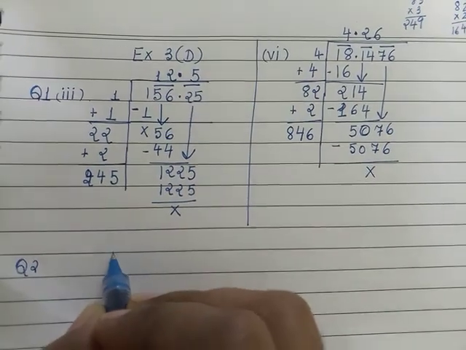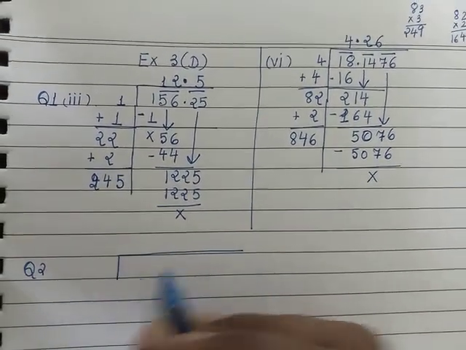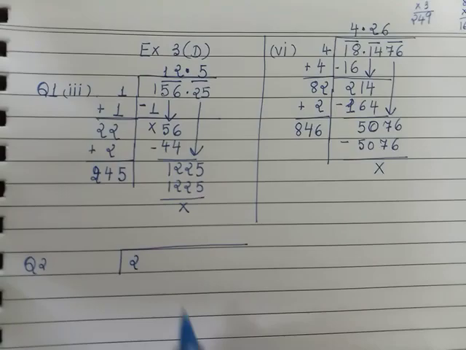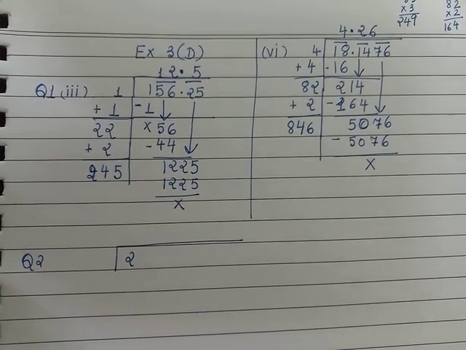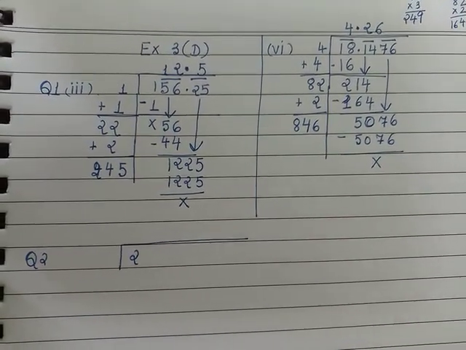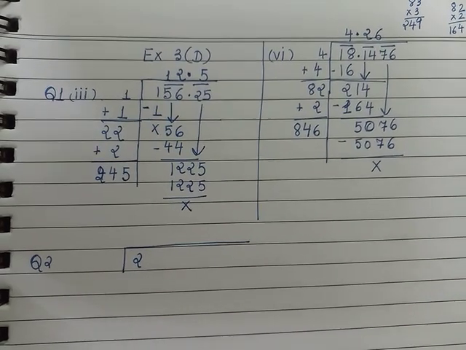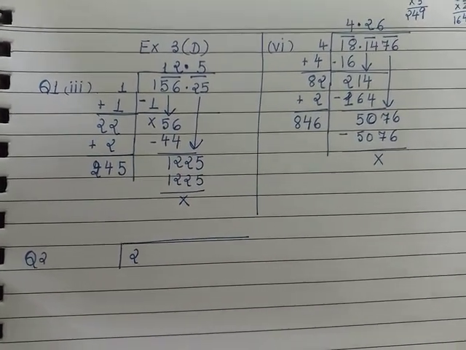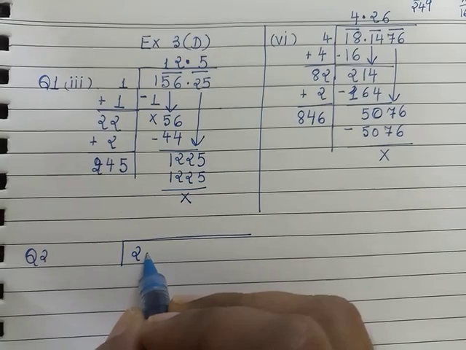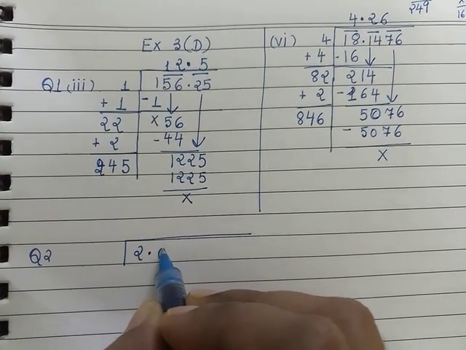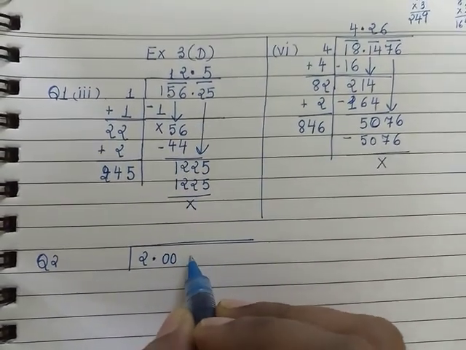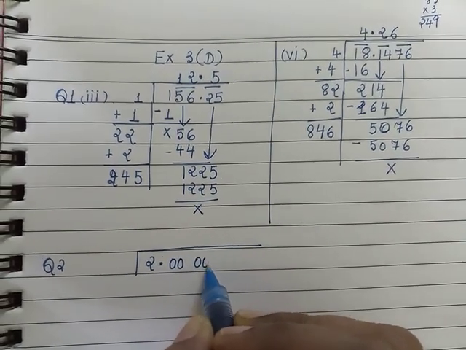Square root of 2. See student, we are supposed to find the square root of 2 up to 2 decimal places. So we are looking for the 3 decimal places. For that, after 2 we'll put a decimal and we will write 3 periods this way.